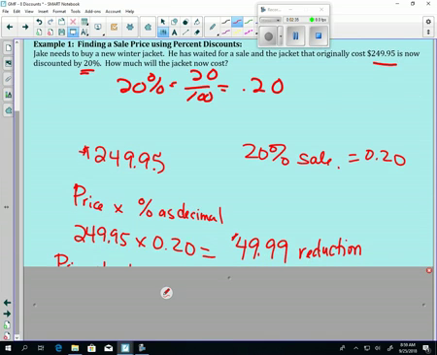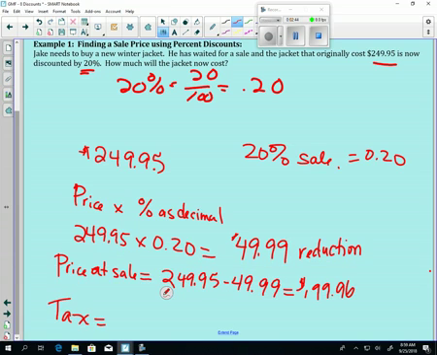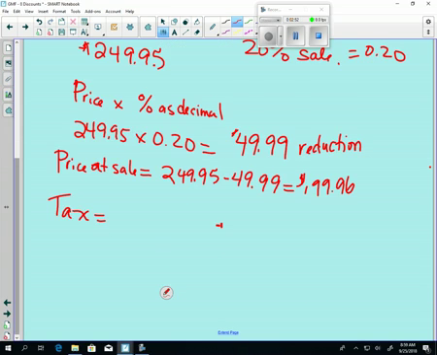That's the reduction, $49.99. So what's the price going to be now? Well, you take the original price, $249.95, take away that $49.99, and when you go to the cash register, they'll punch in $199.96. That is the sale price.